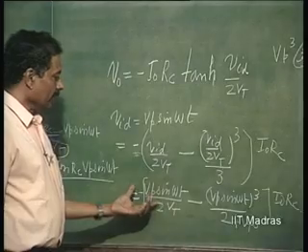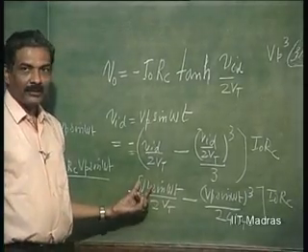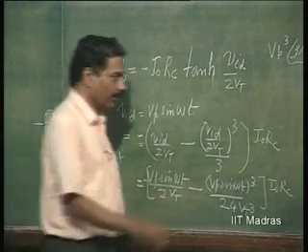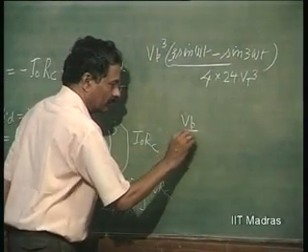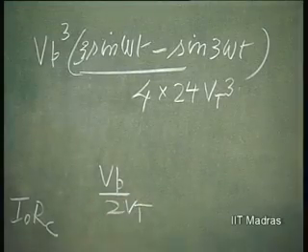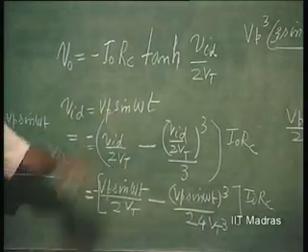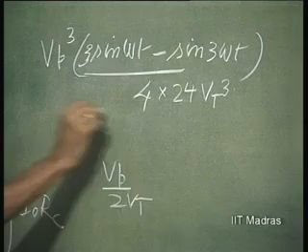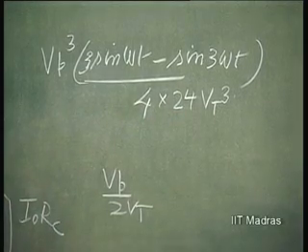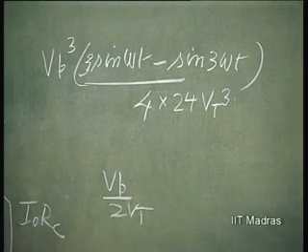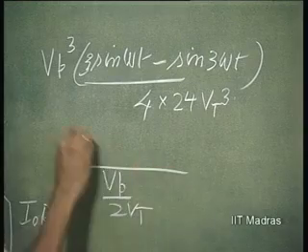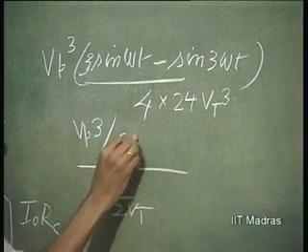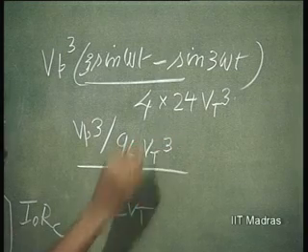Now, let us compare it with the fundamental. The fundamental component was Vp by 2Vt, peak value Vp by 2Vt. This is the fundamental component. As against that, we have this, which is going to be the amplitude of the harmonic, which is going to be, let us say, Vp cube by 96 Vt cubed.